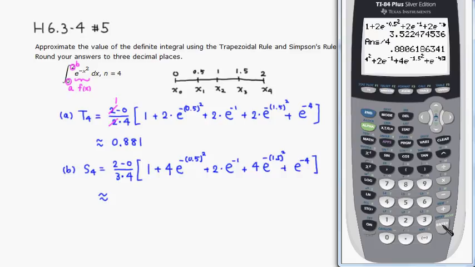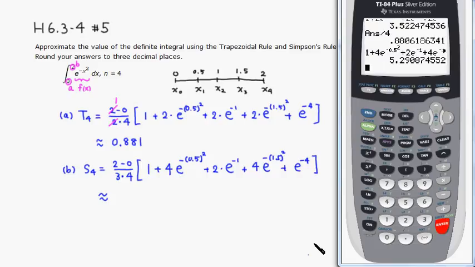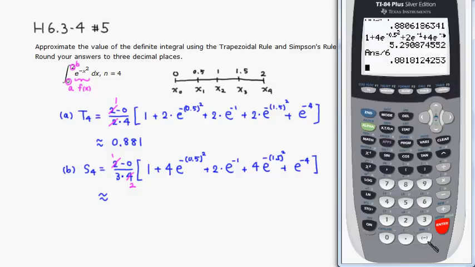So hit enter. Then we just need to divide this by, let's see, we can cancel 2 and 4, so it's going to be 1 over 3 times 2, 6. So you have to divide by 6. And this will give you 0.882.